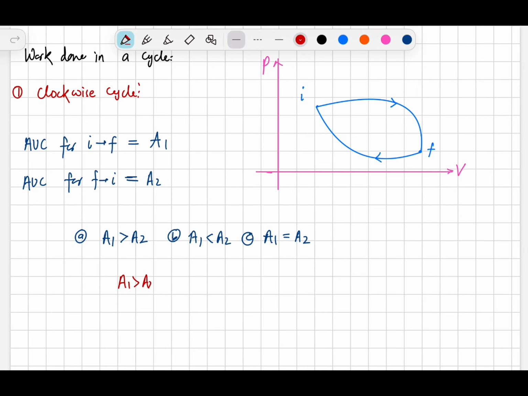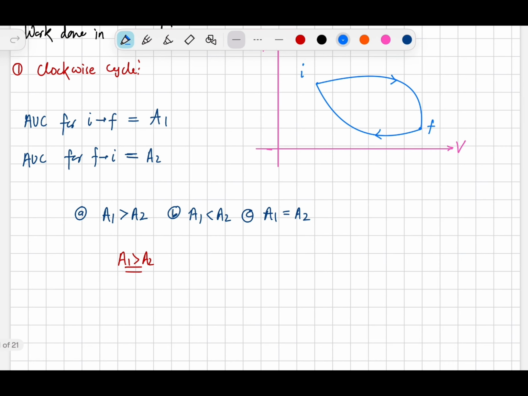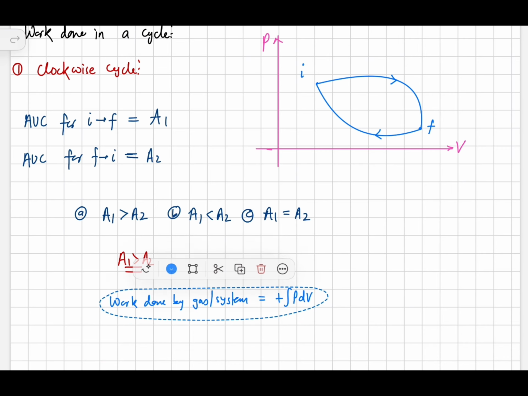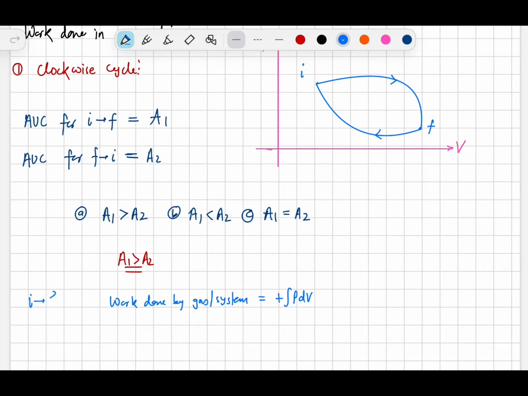Fine, good. Now tell me, work done by gas or system. We know that we need to use the plus formula, P into dV. Okay, and first we have to see the initial to final position, what is the work done by the gas.